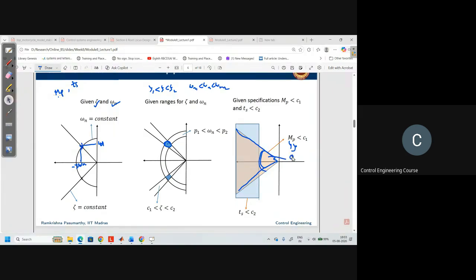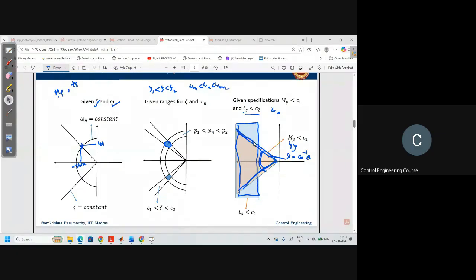This theta, cos theta equal to zeta, or zeta equal to cos inverse theta. So this is the area of interest for you if they give Mp less than some value. Then from the settling time you will find out omega n, and based on that value you will find out the range of omega n. This is a direct calculation.